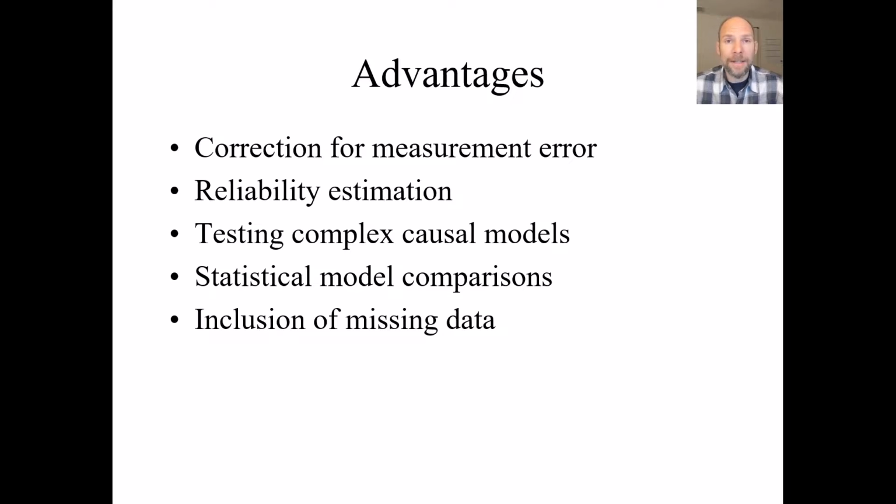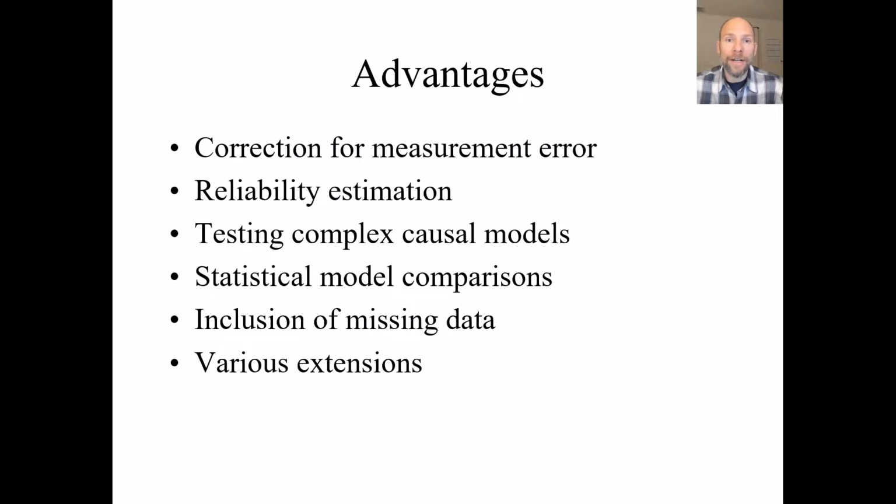It's very easy to include missing data in a structural equation modeling analysis by using full information maximum likelihood estimation or multiple imputation. Those are implemented in most software programs for structural equation modeling. You can find videos on missing data handling in Mplus on this channel, where I show how to estimate structural equation models with missing data using FIML, full information maximum likelihood, and multiple imputation.